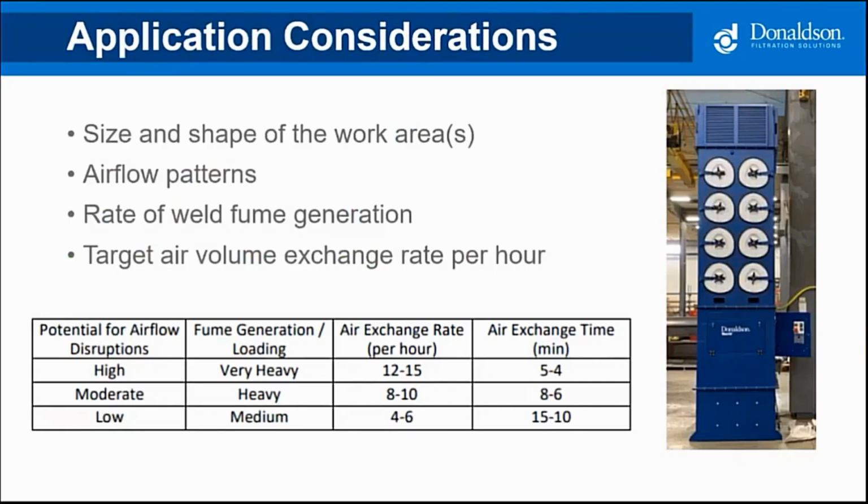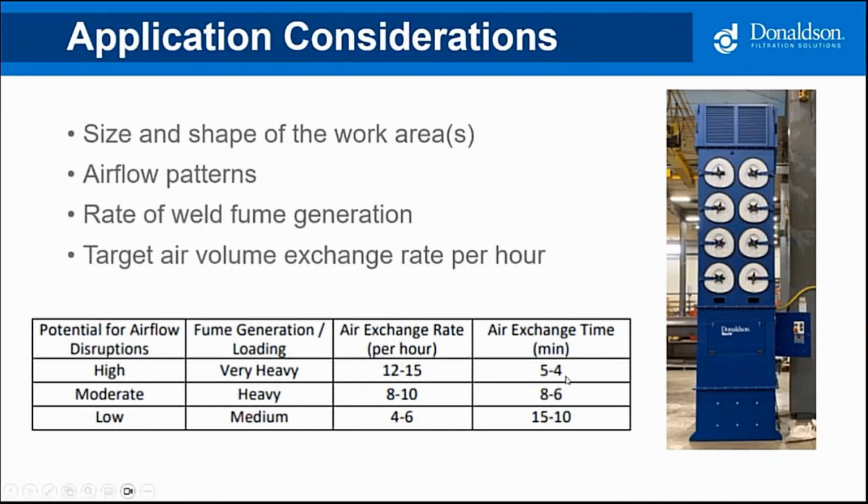You get into flux core gas shielded or flux core self-shielded, that's going to be very heavy. So each one of those require a certain air exchange rate per hour. The low, for example, is showing 4. Okay, that means I'm going to change the air out every 15 minutes. If I go with high and I say I need to change it 15 times per hour, I'm changing the air out every 4 minutes.